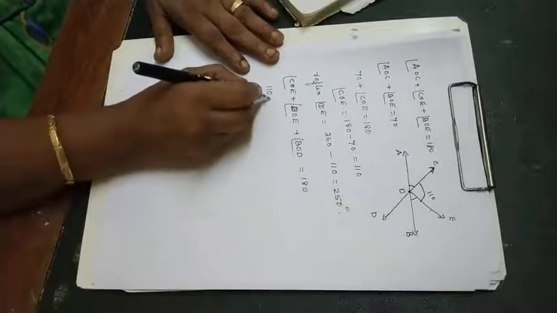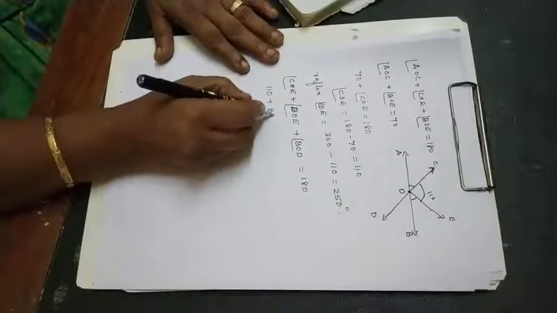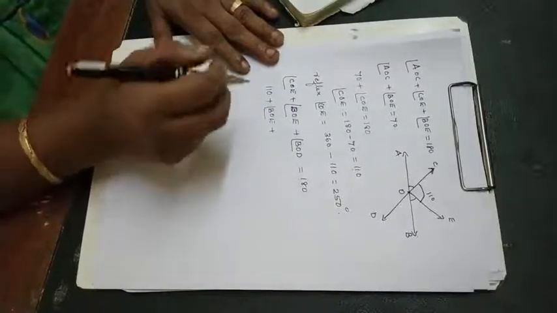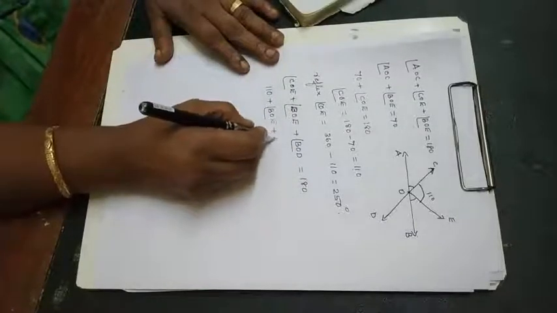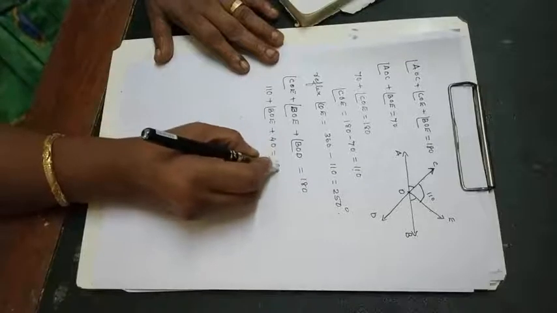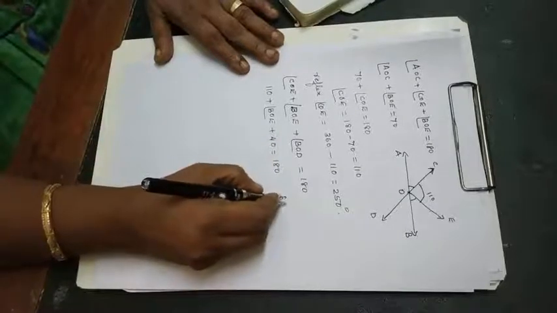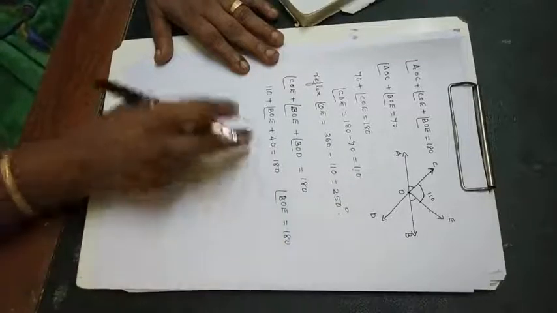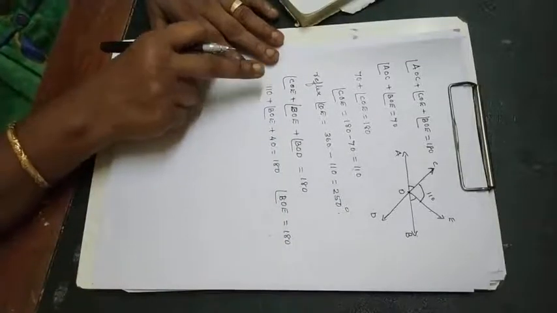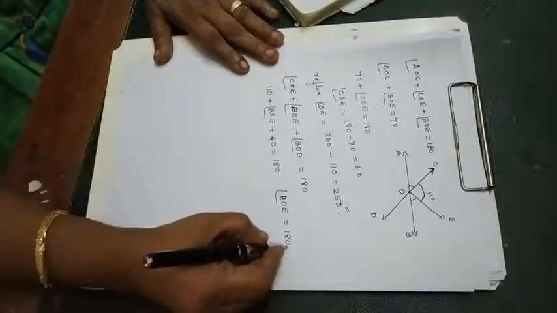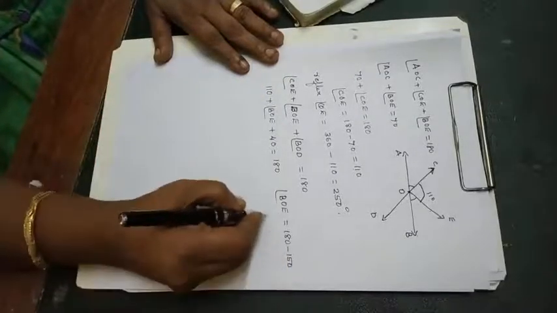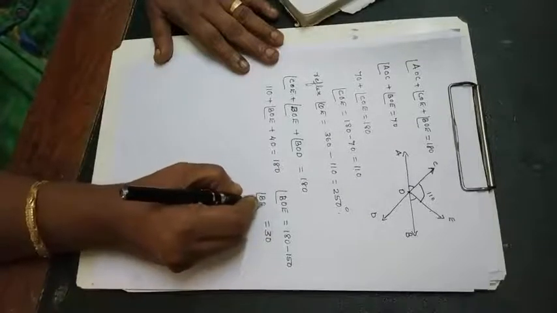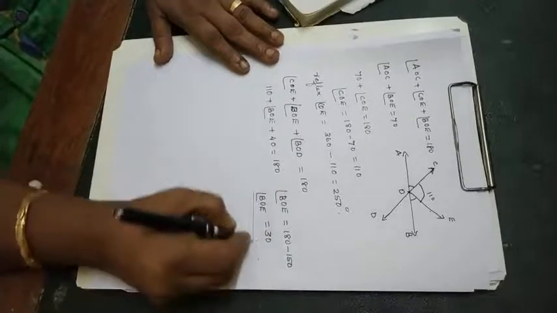BOD is given 40. So BOE is equal to 180 minus 40 plus 110, 150. 180 minus 150, that is equal to 30. So BOE is equal to 30.